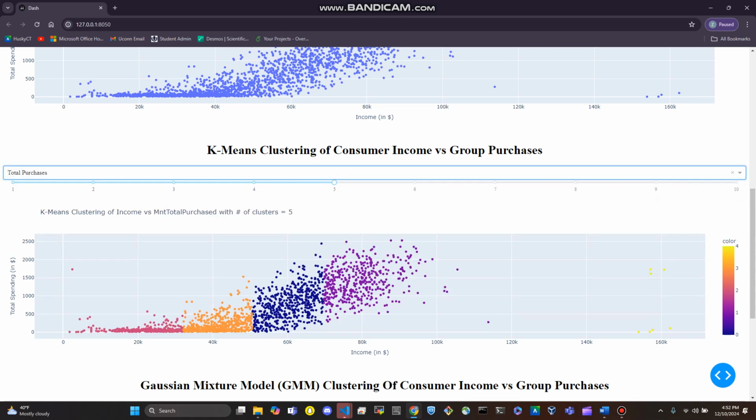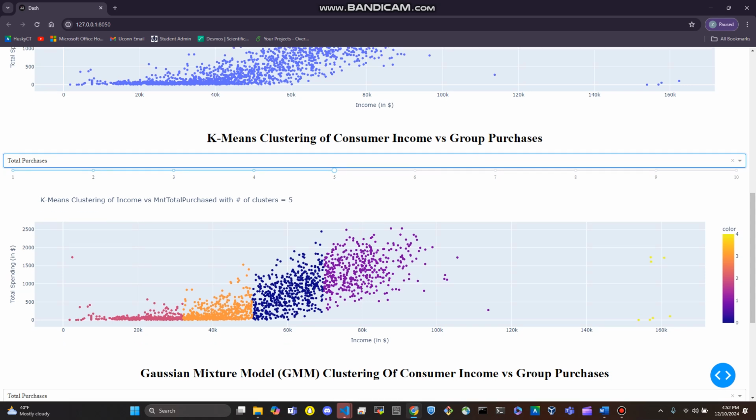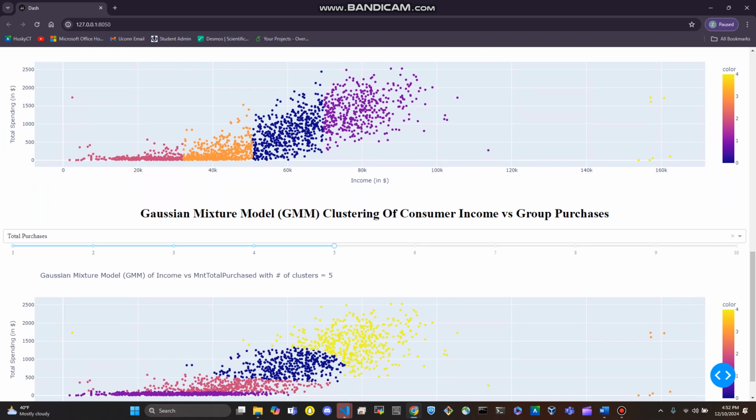However, k-means doesn't actually account for any density in the scatter plot. So it's not going to form non-elliptical clusters, which we're going to need. In this case, I figured out that the Gaussian mixture model is going to be the most appropriate model to use.